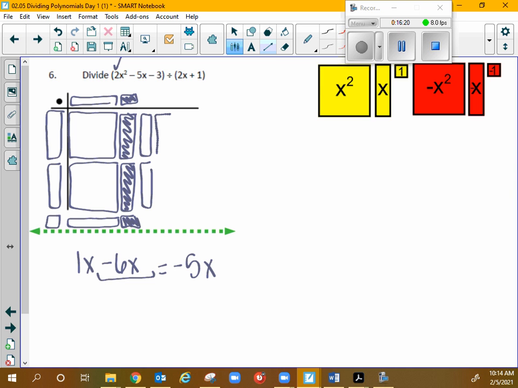So 3 in each. Okay, so what do I need to add on to the top? 2 negative 1. And what does that create down in this empty space that we don't want? 2 negatives. So let's double check. We have 2x squared, yes. Negative 5, yes. Negative 3, yes. What's my answer? X minus 3.